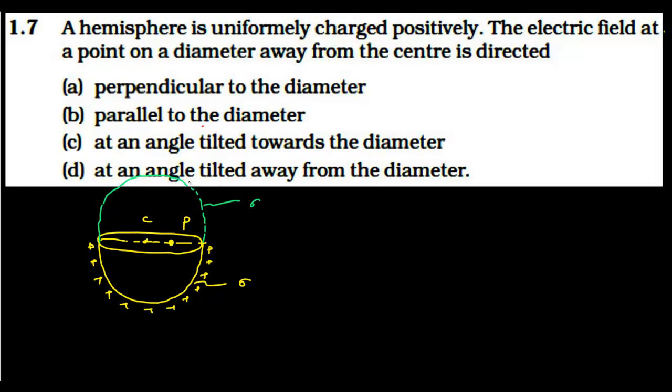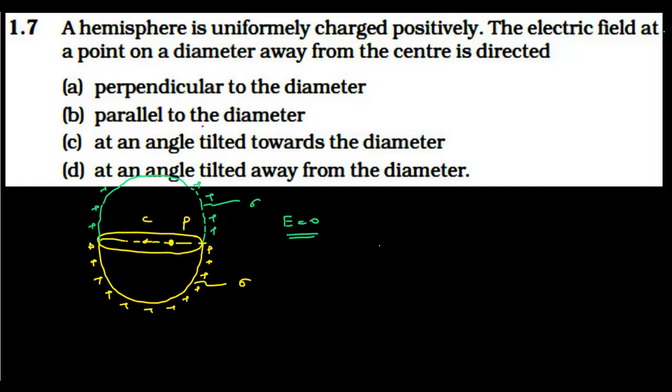Now this complete arrangement has become a uniformly charged shell, and we know that inside a uniformly charged shell the electric field intensity is 0.